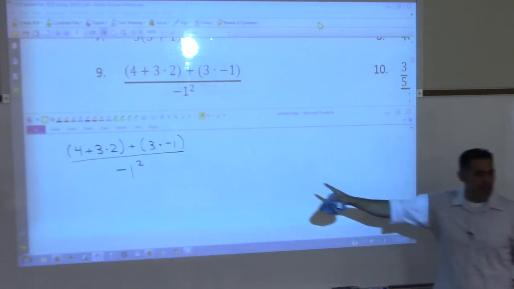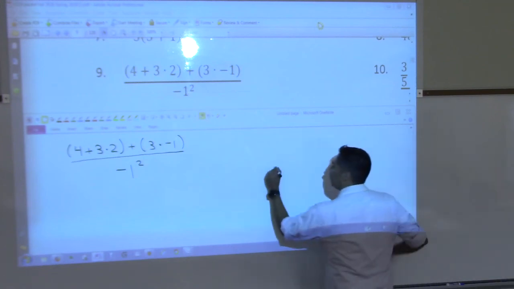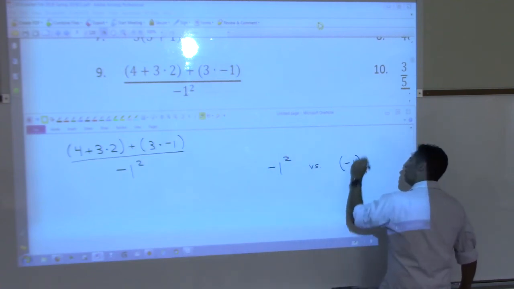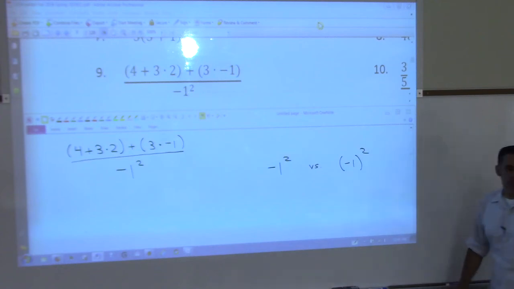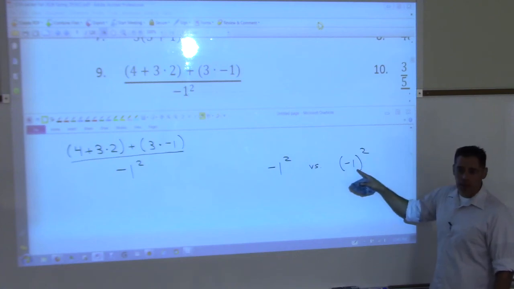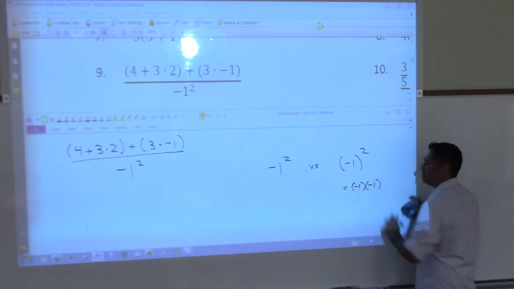So before I do this, I want us to see something. What is negative 1 squared versus negative 1 squared, with and without parentheses? Are those the same thing? Do you get the same answer or not? Yes. This one means you're squaring negative 1, right? So this means you're taking negative 1 and multiplying it times itself.